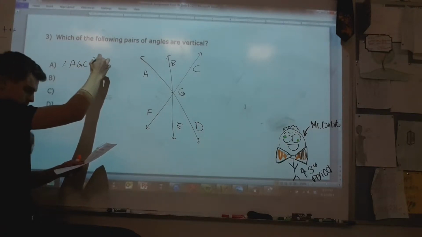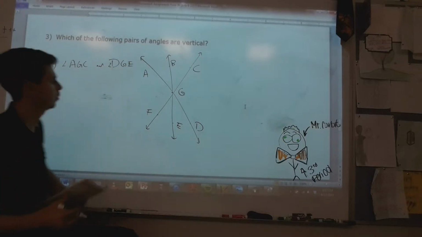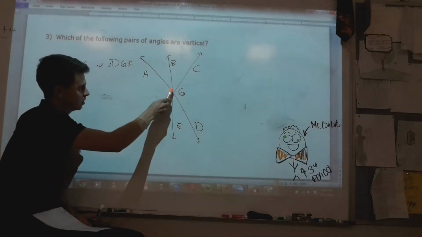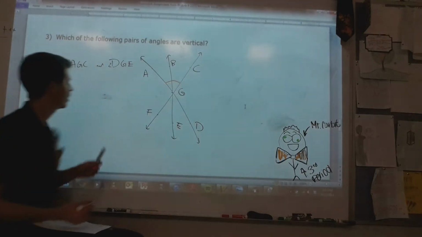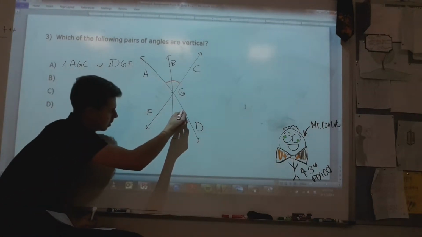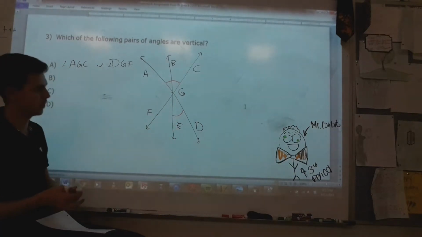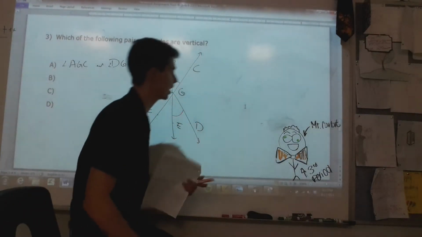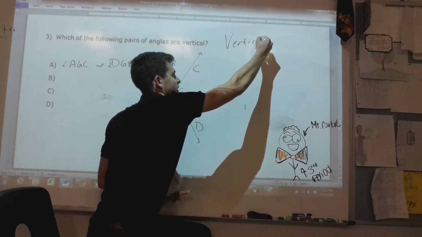and DGE. Okay, well, let's try each one. So angle AGC is this angle right here, goes from here all the way to here, and angle DGE, which goes from here to here. Well, they do seem almost opposite from each other, but not quite. For vertical angles to actually be vertical angles, they need to satisfy two things.